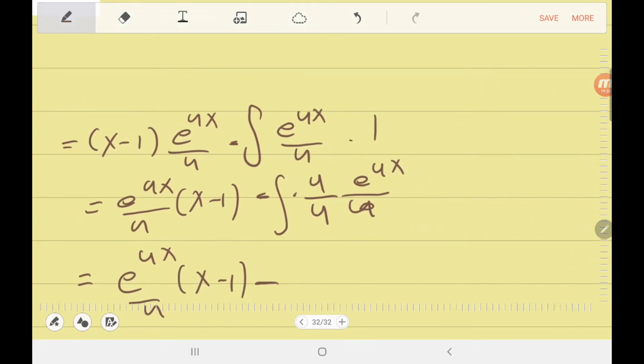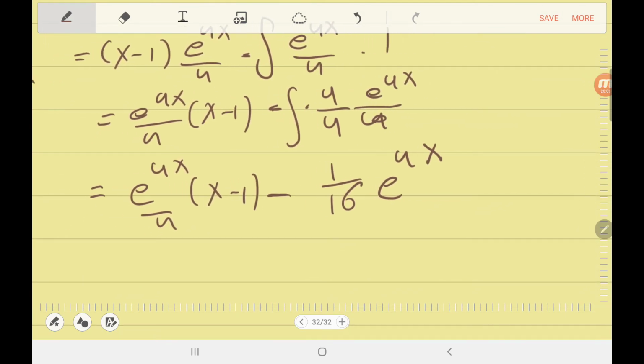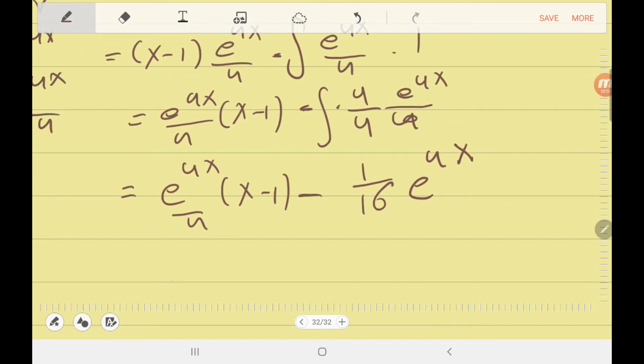Again, the integration of, yeah. So the answer is, yes, exactly, it's 1 over 16 e to the power 4x. Yes, that's the answer, and then we can simplify it.